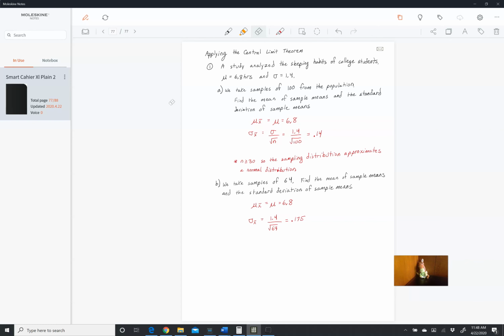Okay, so just a note, the answer in part A is going to be more accurate because our sample size is bigger. The bigger the sample size, the more accurate our answer is going to be.